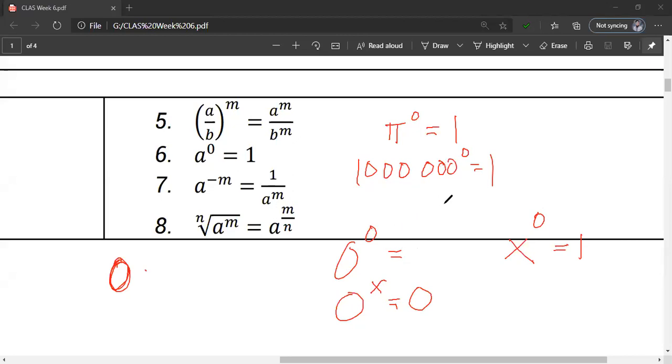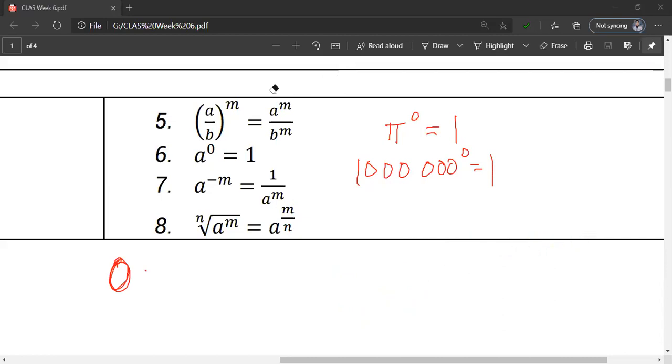Ngayon, 0 raised to 0 na. Tama siya sa point na 0 raised to x siya, 0 yung answer. Pero tama rin naman na x raised to 0 is 1. So ano ba yung sagot? Ang tawag dito class sa ganitong cases, katulad sa indeterminate, is ambiguous case.